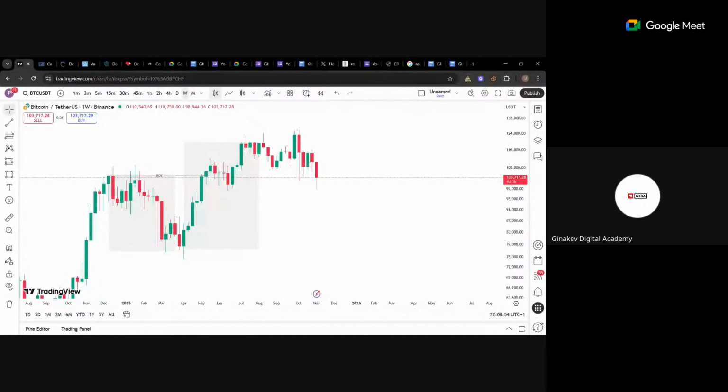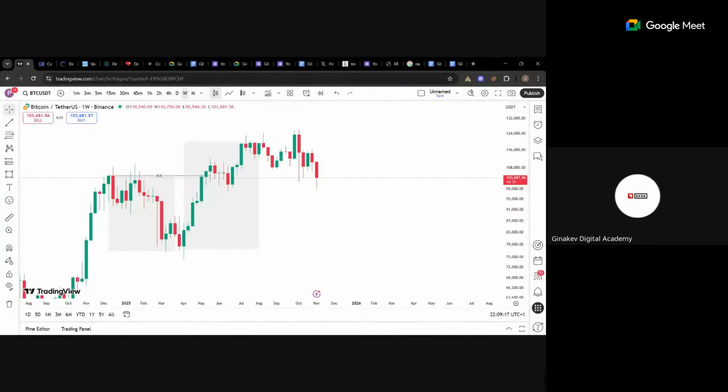Now, whenever there's another flow, when we want to check where the other flow started from, we'll map out where the other flow started from, and where that other flow started from becomes your order block. So I want you guys to go to your TradingView now, go to the weekly time frame. I've already established the break of structure for you guys. You can see it on my screen.